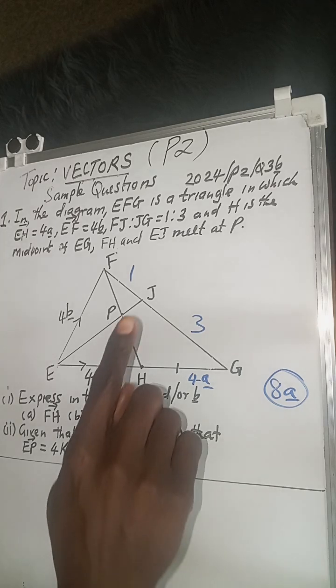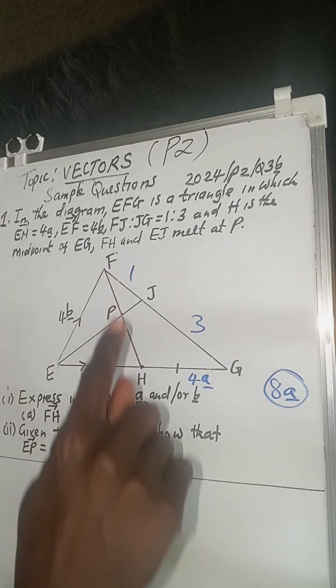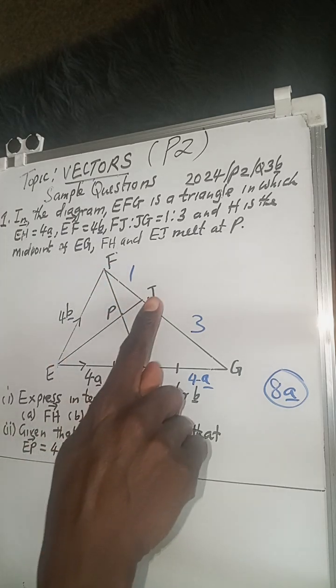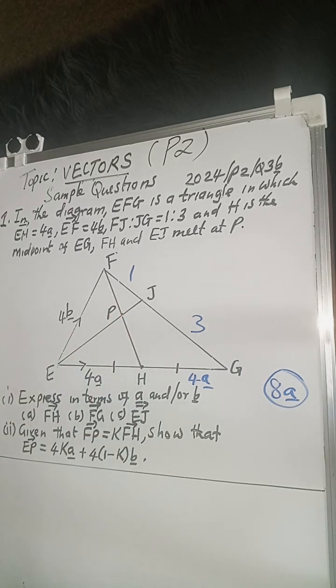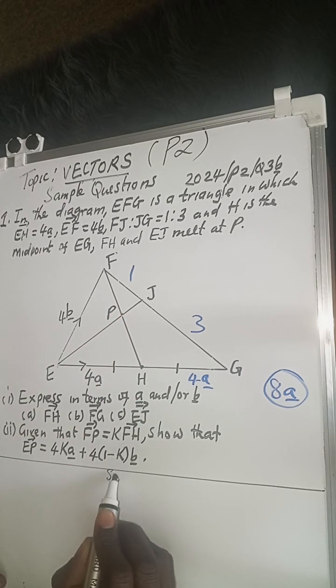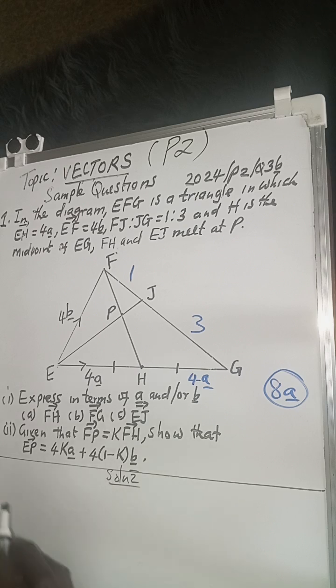And FH and EJ meet at point P. That's what they're telling you. So let's look at the solution to these questions.